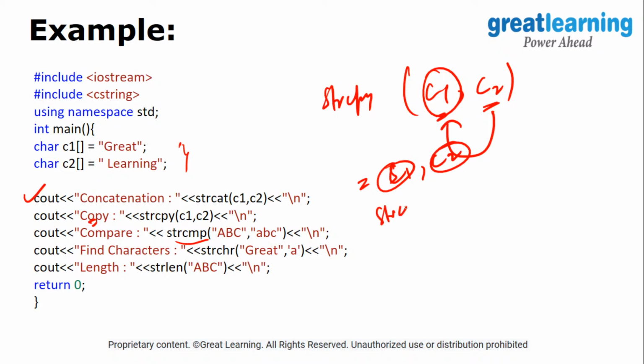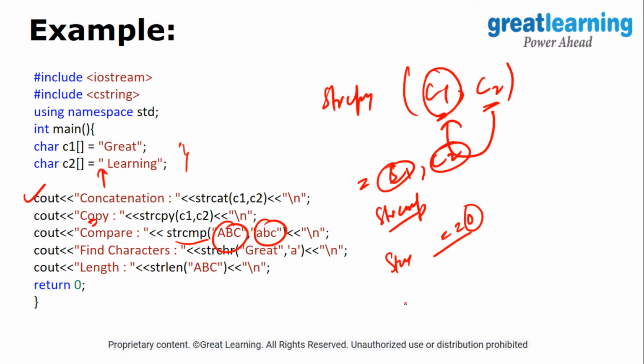Cool. Now what happens in strcmp? This is used for comparing two strings. Here you are comparing ABC and B. What happens if both the strings are equal? In that case, you will get your output as 0. If both the strings are equal, at that time you will get 0, if space is included. Yes, Kashyap, here you see space is included.